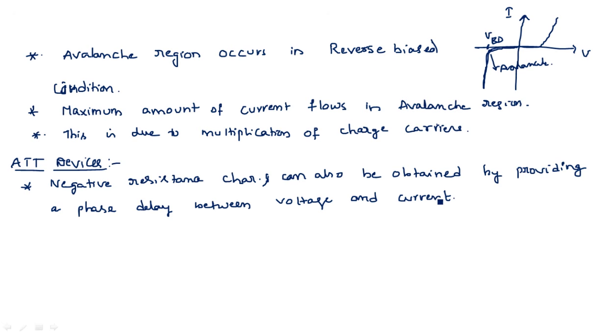What is the advantage of negative resistance characteristics in a device? I told you already when I was explaining negative resistance characteristics. A positive resistance device will consume power, whereas a negative resistance device will dissipate power.